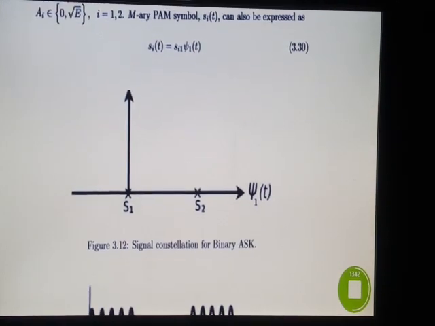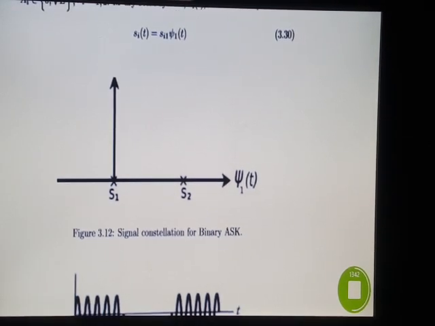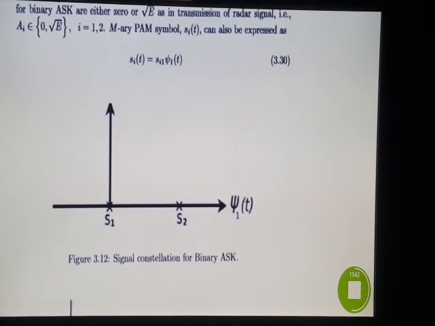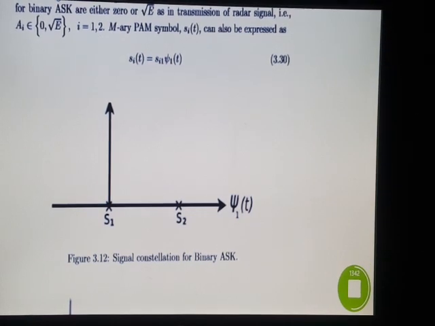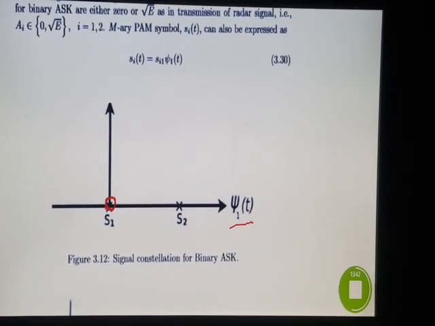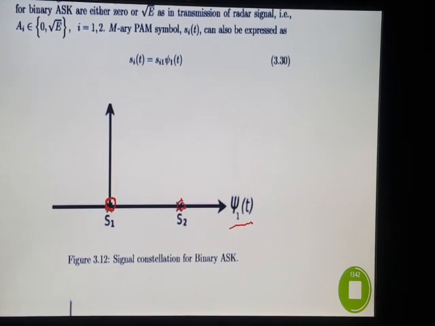If you see the diagram here for M equal to 2, you have just two symbols, and the signal constellation can be observed here. It is just psi_1 of t, a one-dimensional signal, and one of the amplitudes is 0, while the other is nonzero.